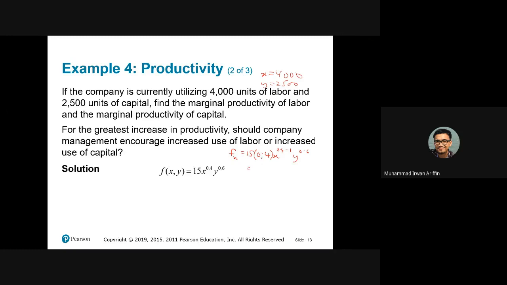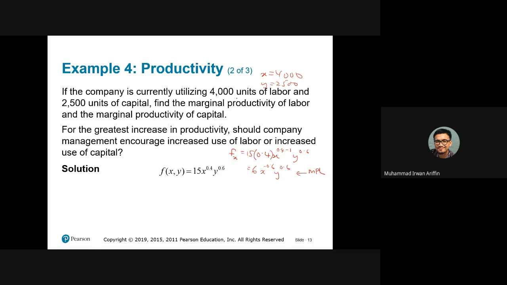So this becomes 15 multiplied with 0.4 is 6, x to the power of negative 0.6 multiplied with y to the power of 0.6. Okay, and this is our marginal productivity of labor.